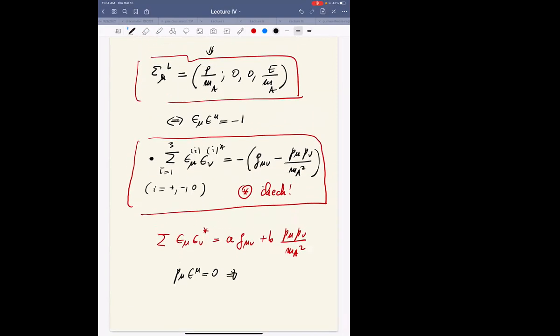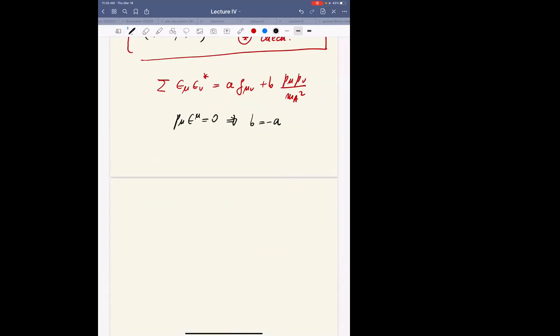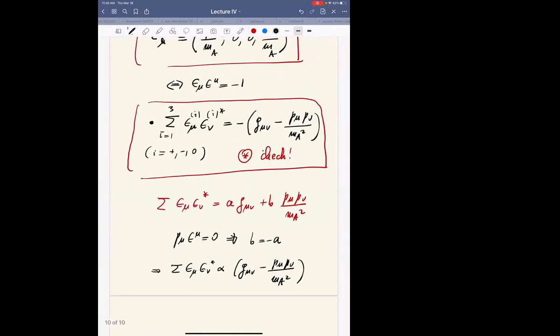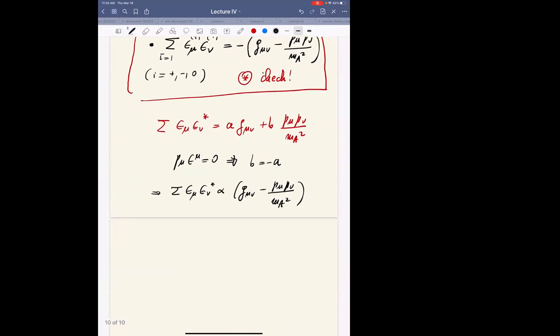And that fixes B equal minus A. And it turns out the normalization is such that you get a minus sign. So that you immediately get that the sum of epsilon mu epsilon nu star is proportional to G mu nu minus P mu P nu over M squared without computing. All you have to do is take one element. So I take the 0, 0 element and I find out the coefficient is -1 without even computing.